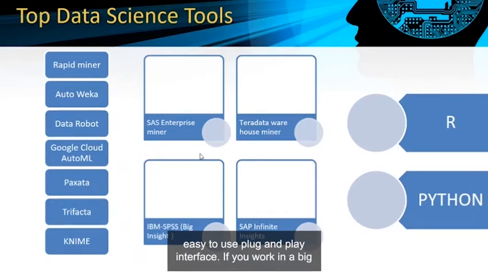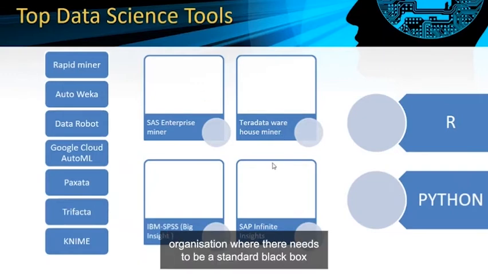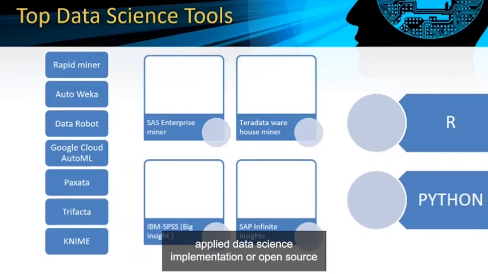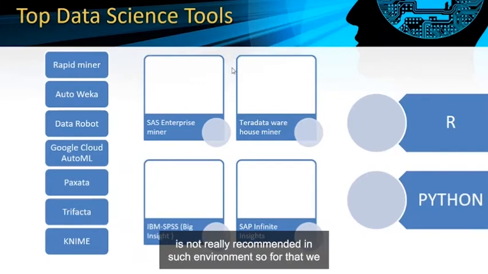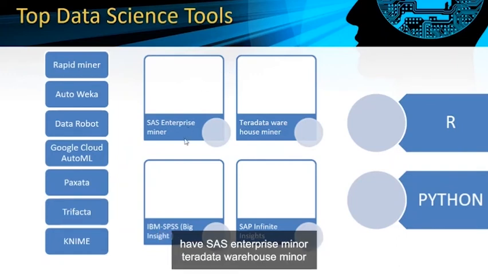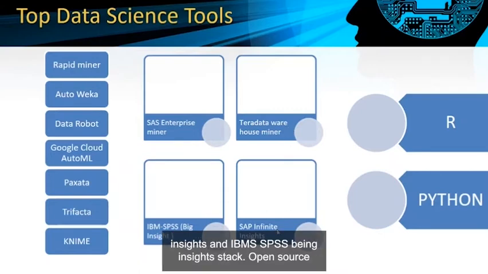If you work in a big organization where there needs to be a standard black box applied data science implementation, open source is not really recommended in such environments. So for that, we have SAS Enterprise Miner, Teradata Warehouse Miner, SAP InfiniteInsight, and IBM SPSS Big Insights stack.